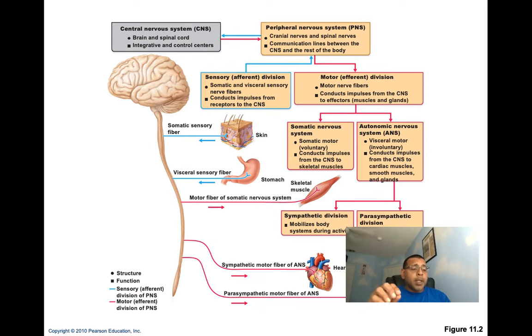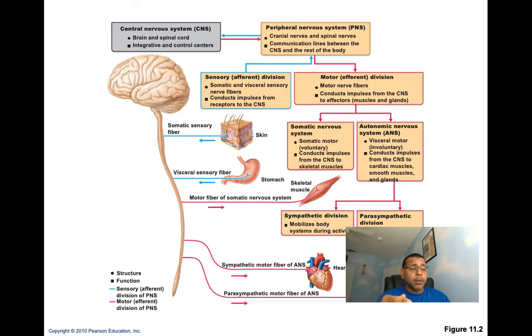The first fiber type is your somatic afferent fibers. And second, you have your visceral afferent fibers. So first, somatic afferent fibers convey impulses from your skin, skeletal muscle, and also our joints.